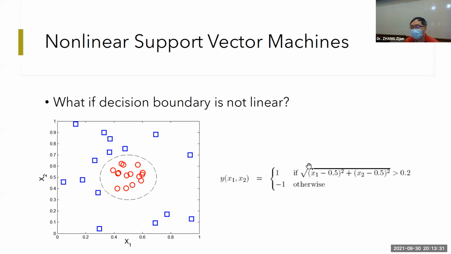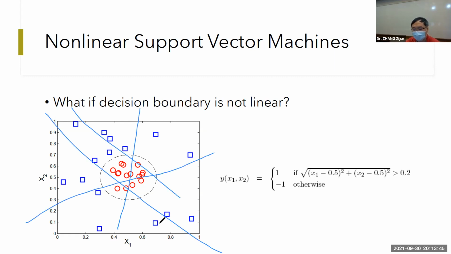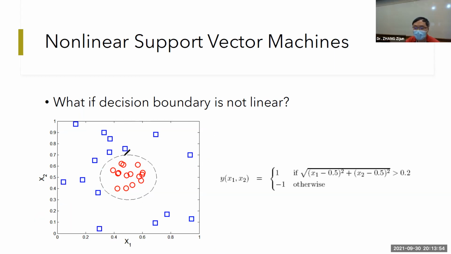Another approach is that we will consider a nonlinear decision boundary. For some cases, if you consider linear separation, whatever you try, you won't be able to perfectly separate these data points into two classes. But visually, we can see that there is a circle which is able to separate the data into two classes.